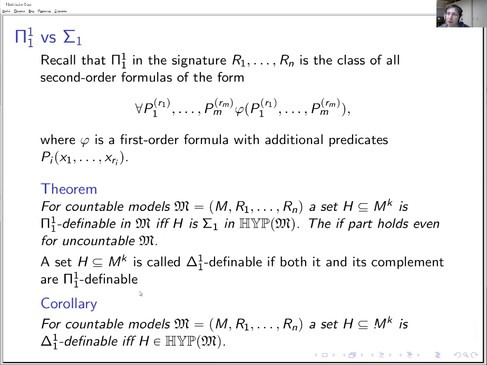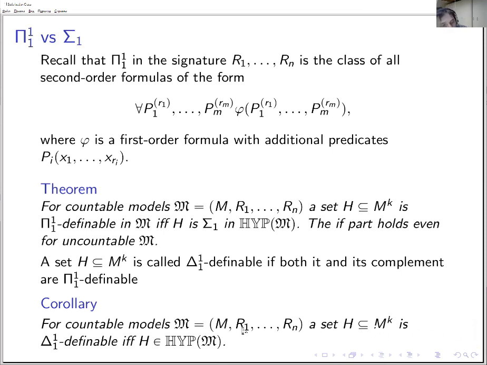It's an easy corollary from delta 0 separation and sigma 1 collection. The other direction is very easy. If the set is an element of heap, then it's sigma 1 definable, and its complement is also sigma 1 definable because it is delta 0 definable. So it will be delta 1 1, so pi 1 1 definable and its complement pi 1 1 definable.